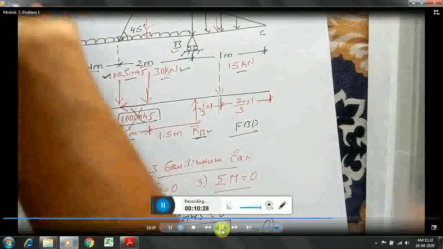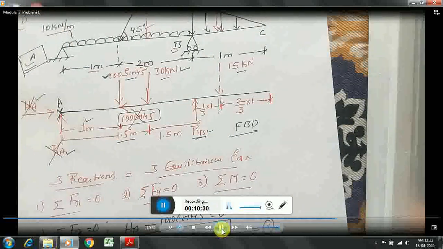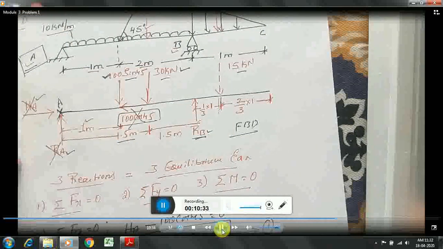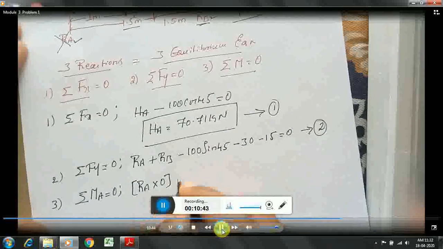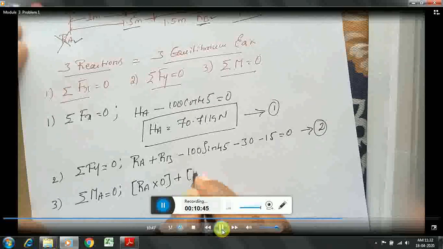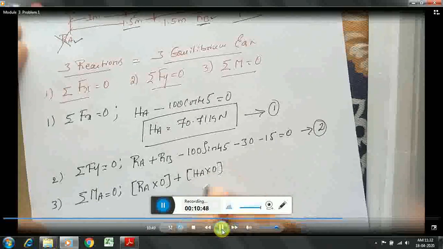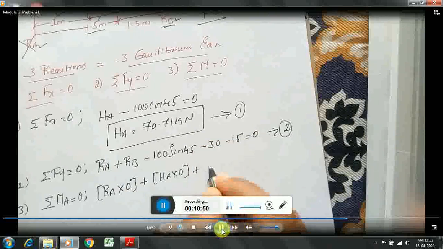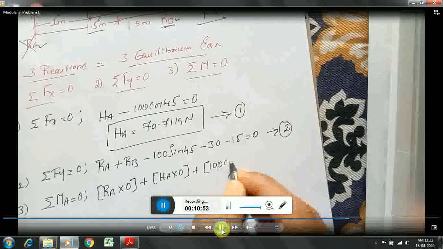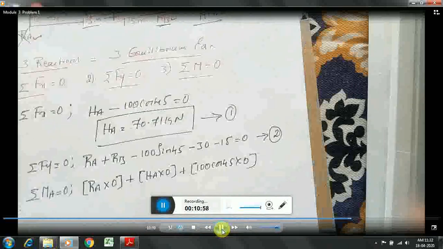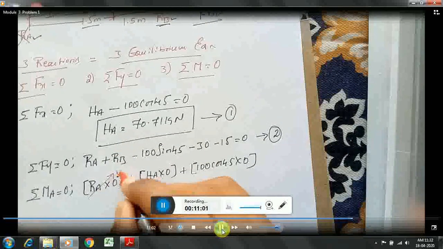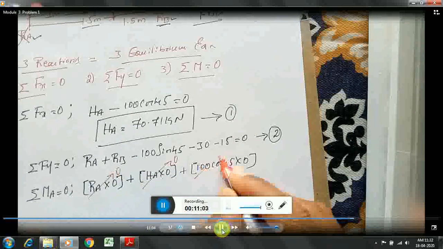So if I simplify and write the equation, it will be in the form of RA into 0, there is no perpendicular lever arm, plus HA into 0, there is no perpendicular lever arm, plus 100 cos 45 into 0, there is no perpendicular lever arm.